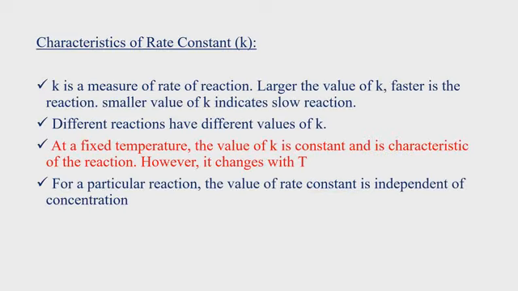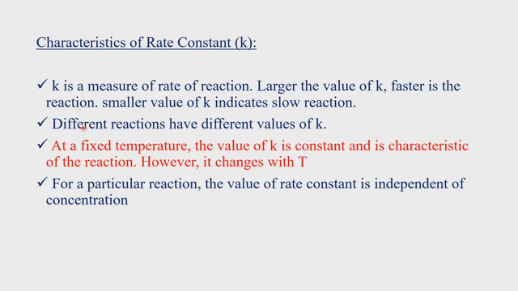Very important. These are theoretical points, very important for competitive exams. So look, all of you. k is a measure of the rate of reaction. The larger the value of k, the faster is the reaction. The smaller the value of k indicates a slow reaction.